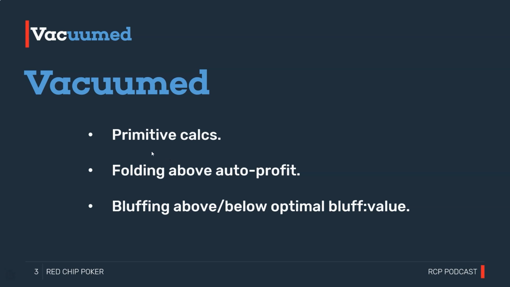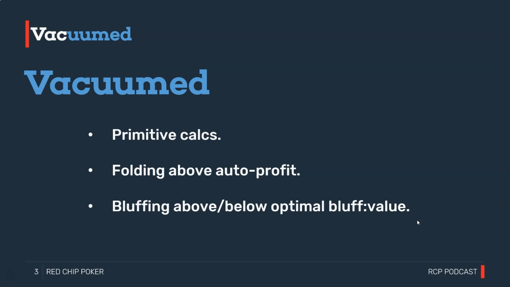Is our opponent bluffing more than they should in terms of the correct bluff to value ratio to have on a certain river? We can exploit them by calling all of our bluff catches. Is our opponent under bluffing relative to how much they should be bluffing? We can exploit by folding all of our bluff catches. Very straightforward, simple methodology without any intensive calculation required. So that's methodology number one, which we'll refer to as vacuumed EV analysis.